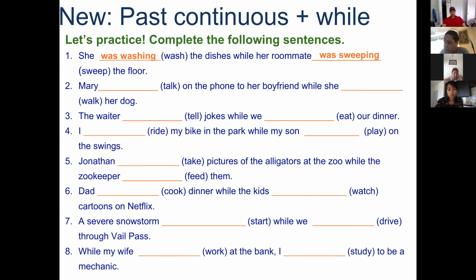Mary was talking on the phone to her boyfriend while she walked her dog. Well, she was walking, so this is to show two activities happening at the same time because of this word while, okay?